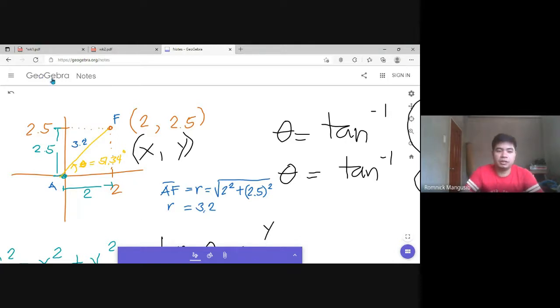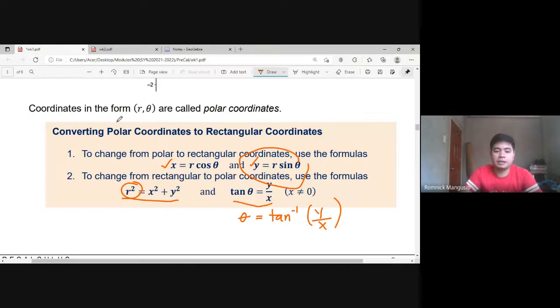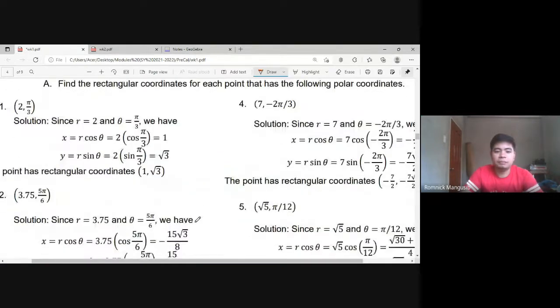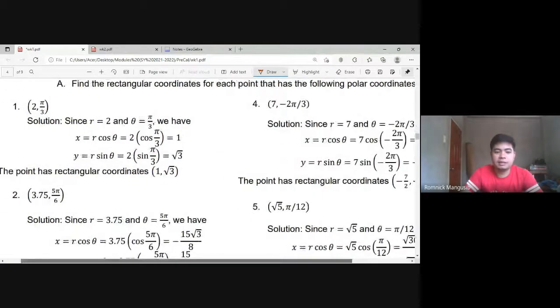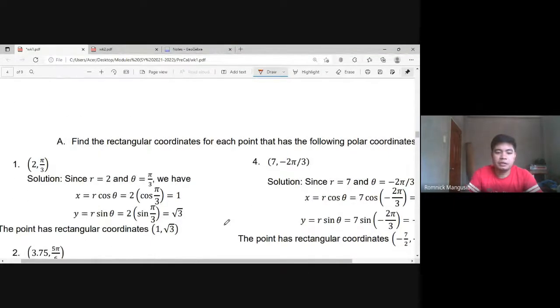Ganyan ang relasyon nila. So pag titignan ninyo yung examples natin, you can just browse some of the basic examples. Okay. So pag i-browse mo tulad dito, number 1, you know that the radius is 2 and then the theta is pi over 3. So gagamitin mo lang ang formula x is equal to r cosine theta, y is equal to r sine theta. Ang partner ng x ay laging cosine at partner ng y ay laging sine.